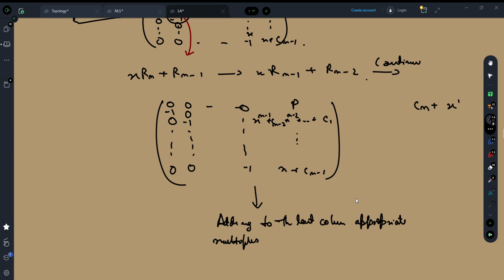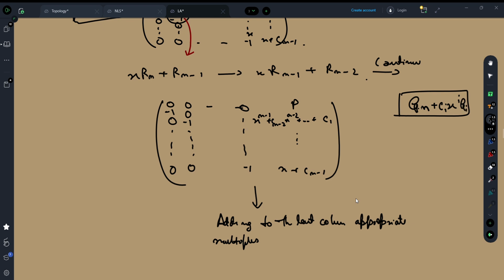So we are doing Cn plus some Ci times x to the power i, and we can remove it, right?